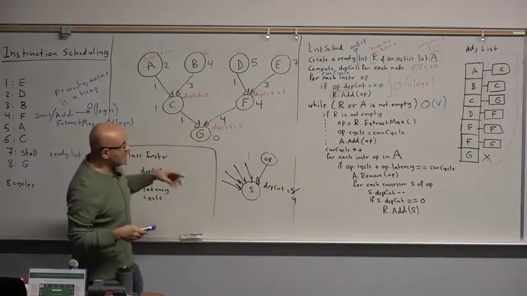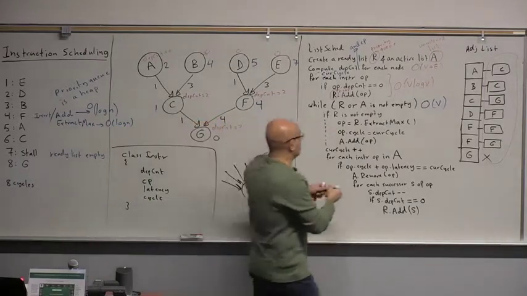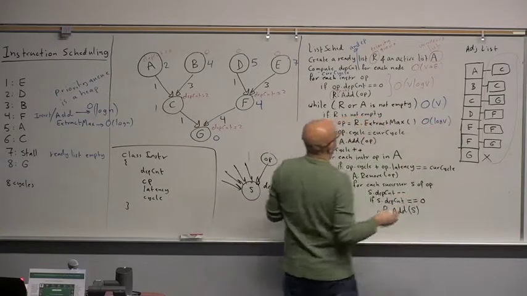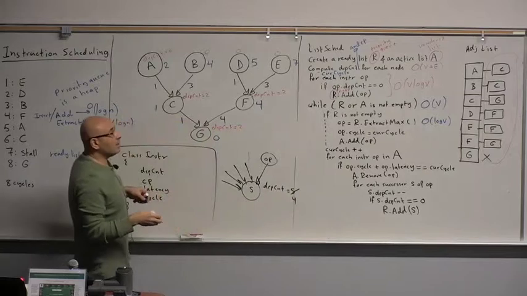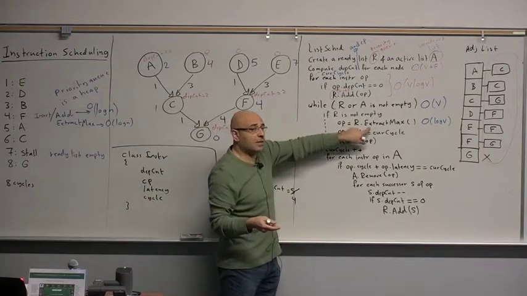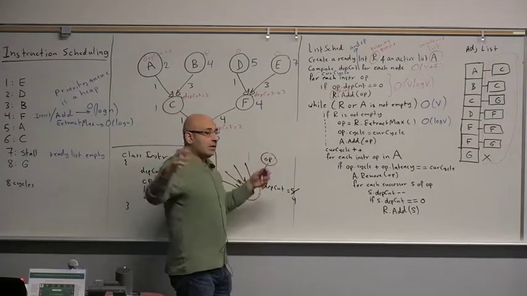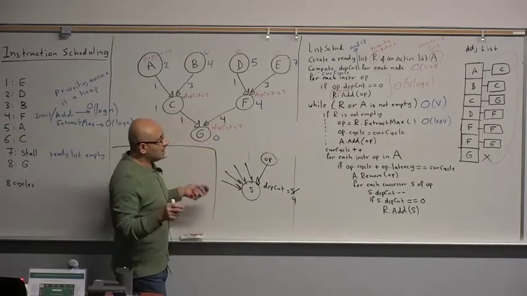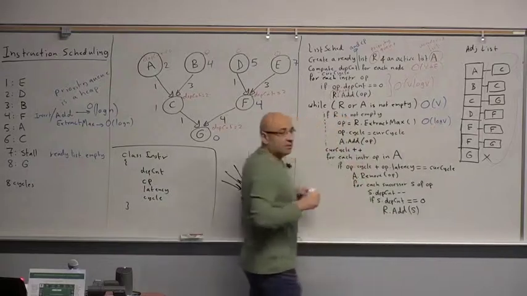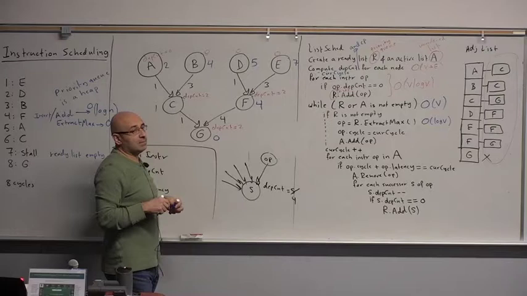So this extract max will take log V. Each extract max is log V, but in aggregate, throughout the whole lifetime of the algorithm, this is going to be V log V. So this thing will get executed V times.